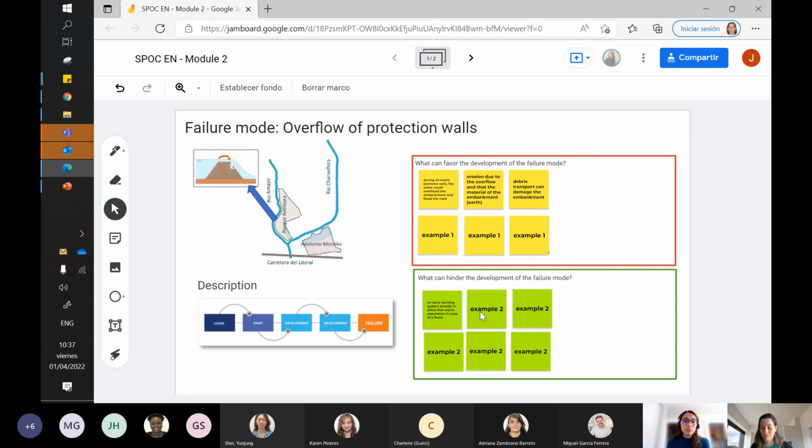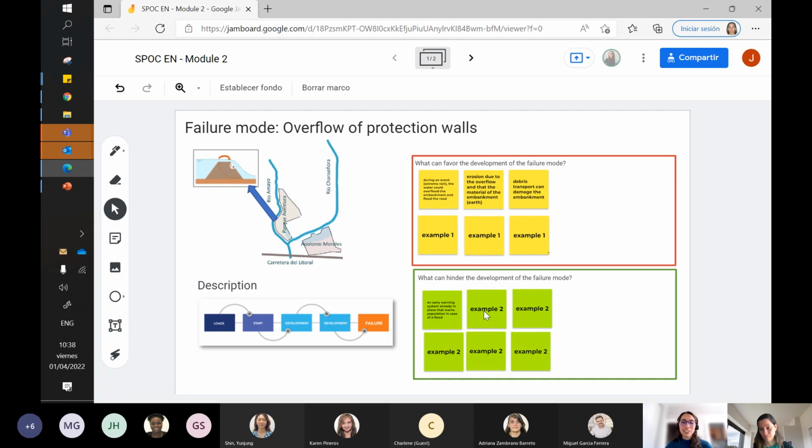And here, you don't only have to think about the hard infrastructure, but especially if you have a background in social sciences or in governance or in managerial activities, you can say, okay, I know that there's a land use code that doesn't allow the construction of new buildings upstream of my park, so that will control the runoff area in the future.